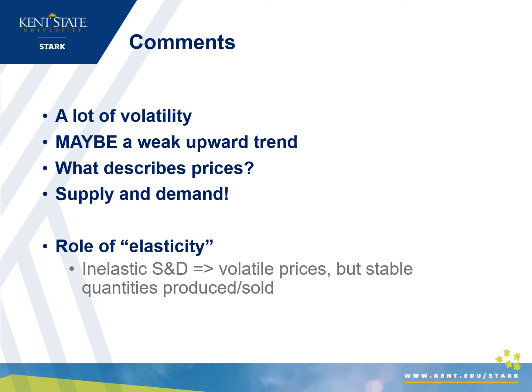So part of the way we can explain the fact that oil prices are all over the place is that the supply and the demand for them are very inelastic. People just seem not to be very price sensitive when they're making the decision to either produce oil or to buy and use it.